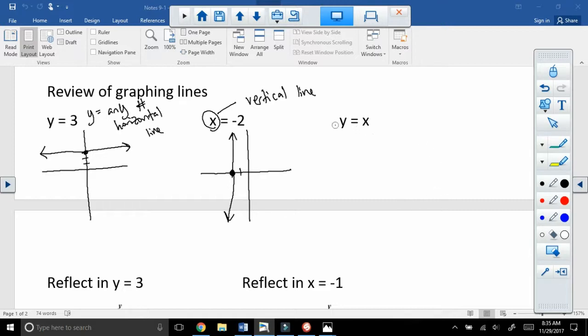Okay, this next one, this is in slope-intercept form, so if it helps you to think of it this way, you can. Here, the y-intercept being 0 and the slope being 1, or think 1 over 1.